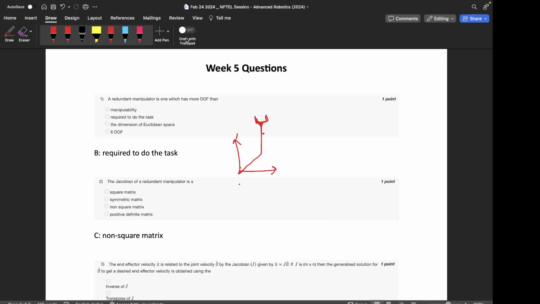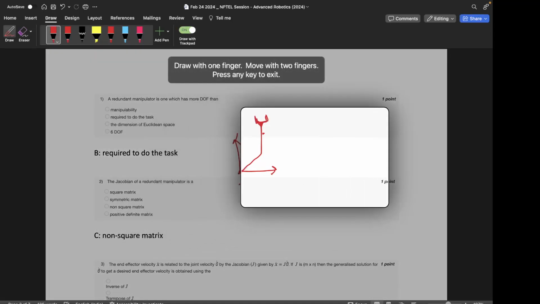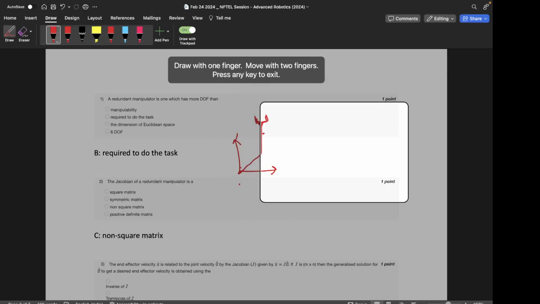However, when there is an obstacle, let's say there is the obstacle here, right?